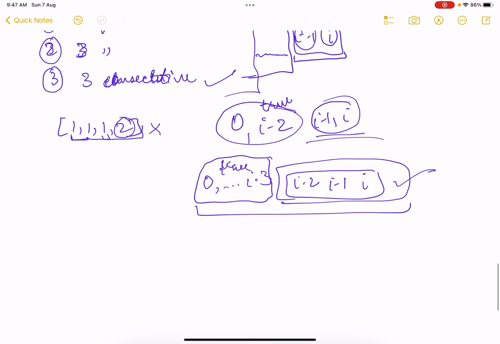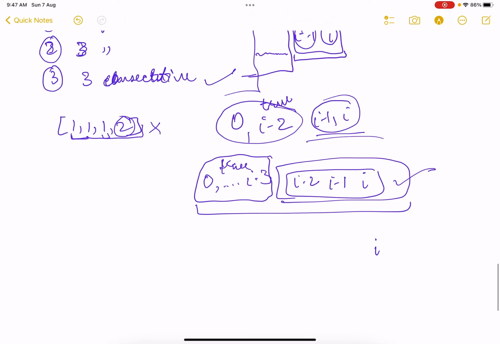What is the third condition? Three consecutive elements. So again, if we are at the ith position, we check the i minus 1 and i minus 2th positions. What we do is check whether the difference of this and this equals 1 and the difference of i and i minus 1 equals 1. That means checking whether these three are consecutive elements or not.